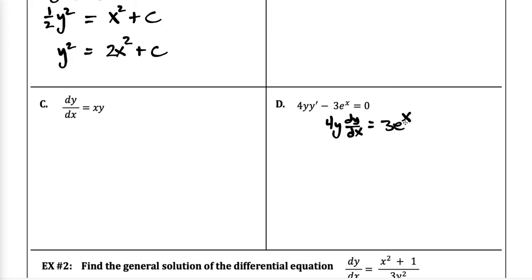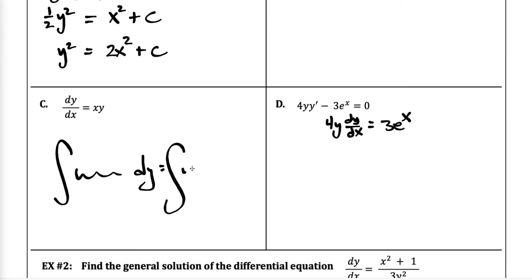So the main issue is that when you're integrating, you want to integrate something dy and then integrate something dx. And frequently, if you add or subtract at some point in the problem, that plus or minus information wouldn't have a dy on it or wouldn't have a dx on it.